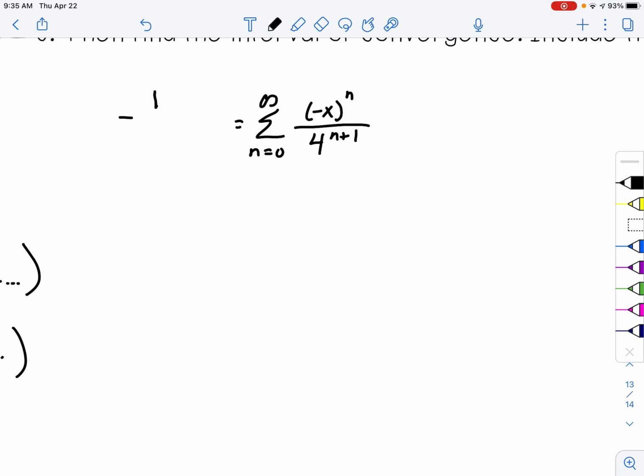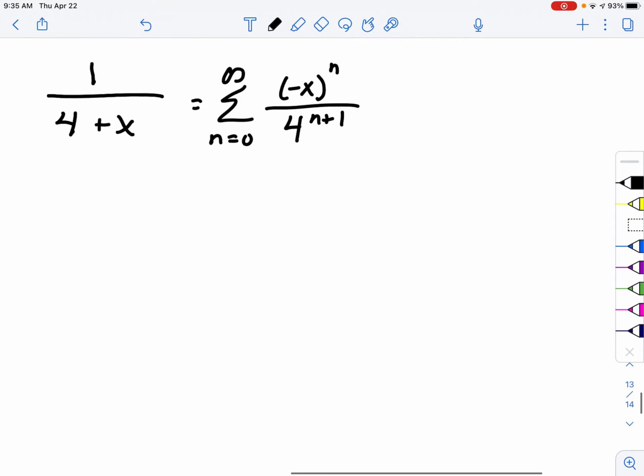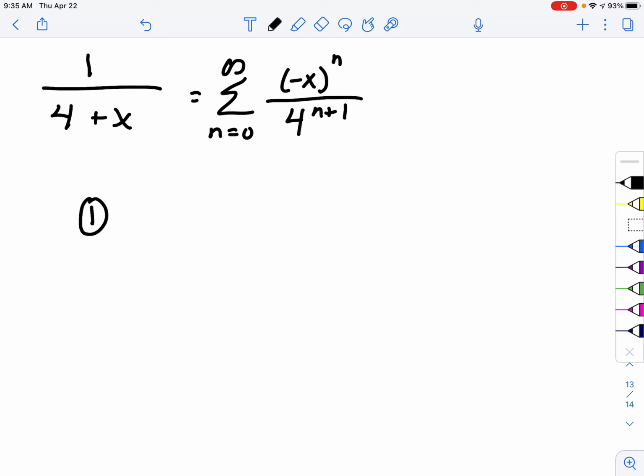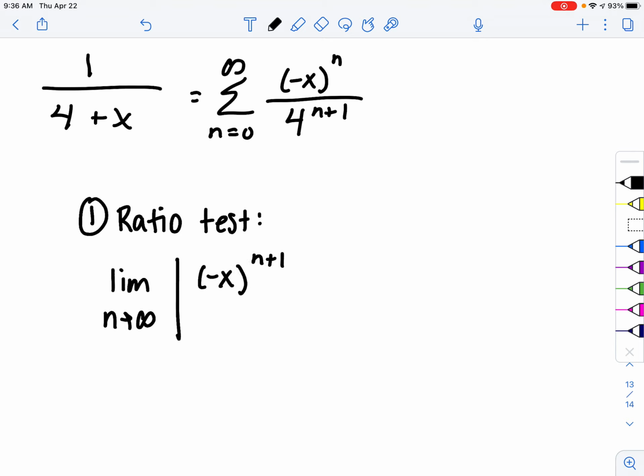And we had, that was our function 1 over 4 plus x equals that. So to find that interval of convergence, we know we need the radius, so we need the ratio test. Right, so we got the limit as n goes to infinity of the absolute value of negative x to the n plus 1 over 4 to the n plus 2, right, if I plug in n plus 1, times the reciprocal of that for the original.